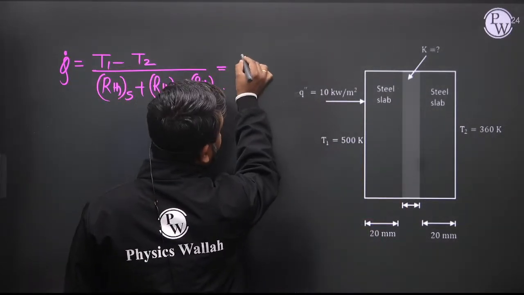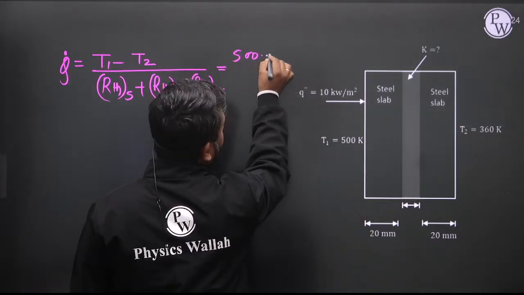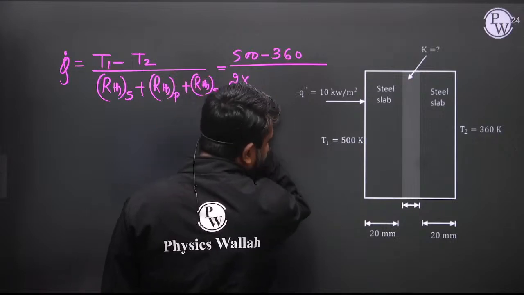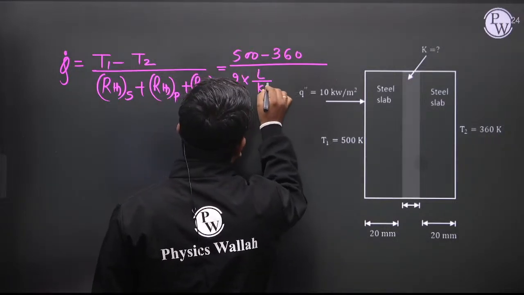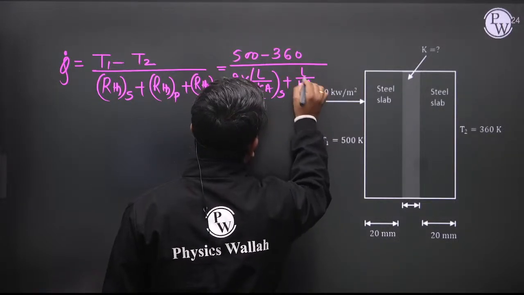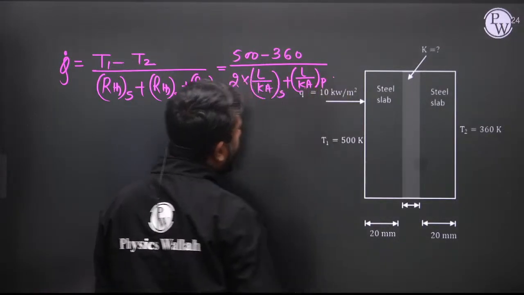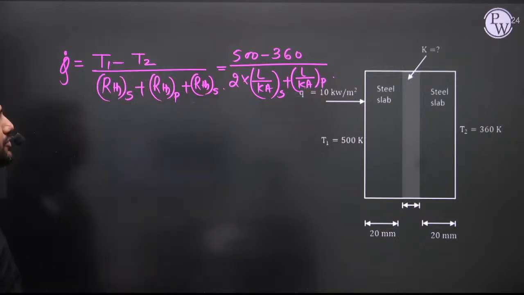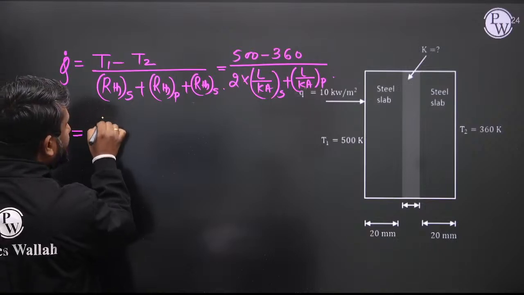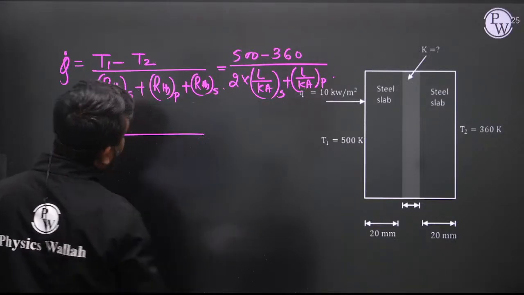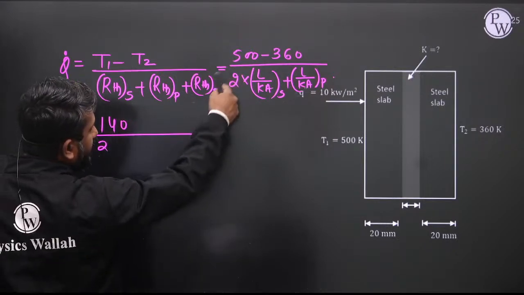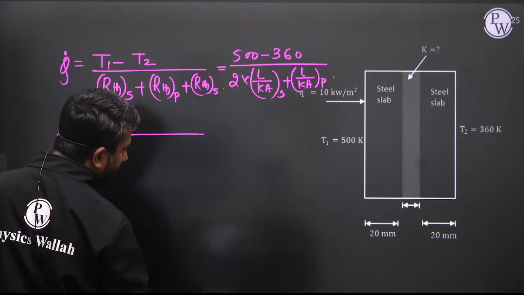So this is T1 minus T2, that is 500 minus 360, upon 2 times L by kA of steel plus L by kA of material P. L you can say thickness, delta, no issue. So Q dot is equal to 500 minus 360, so this is 140. Now take 1 by A common from the denominator.